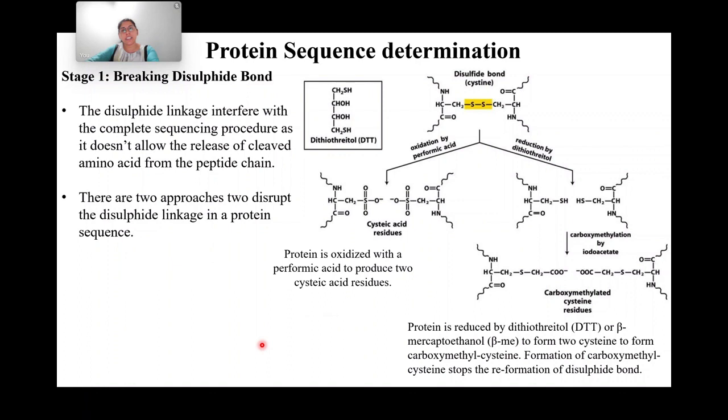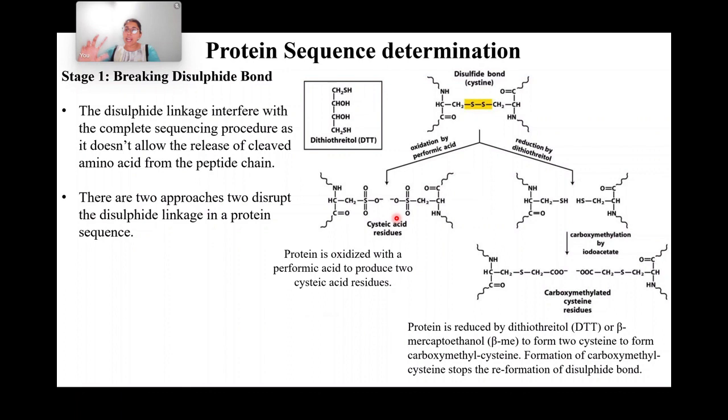So either you use an acid to oxidize these bonds, or you can use something called DTT, dithiothreitol, or mercaptoethanol, where again these two cysteines will form a carboxymethyl cysteine.